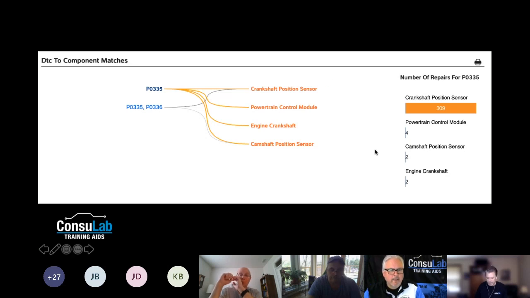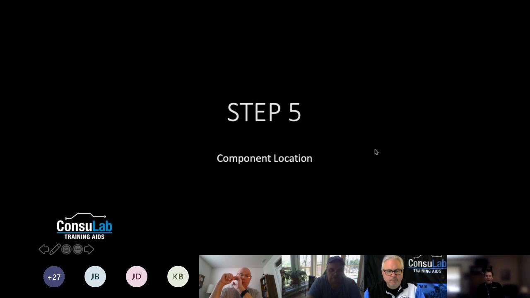So just that. Cool. So what would we do next? Try and find the sensor? Is there anything we can do at the breakout box? Is there anything we do with the scan tool? Okay, hang on.